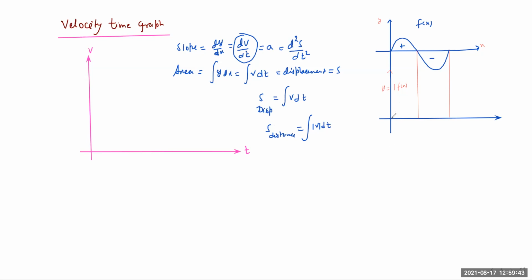So the positive part of a graph remains unchanged. So mod only affects the negative part of the graph, and what it does is reflect it back across the x-axis. It means if you take a mod of a negative number, it will become a positive value. So the other part of the graph will look like this.